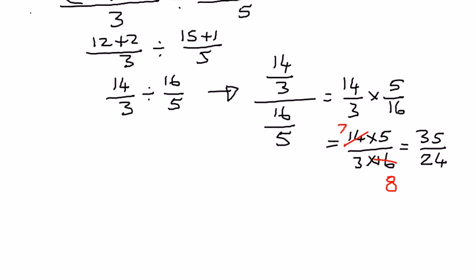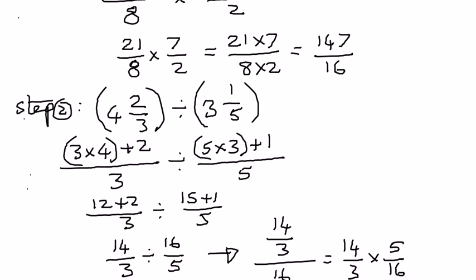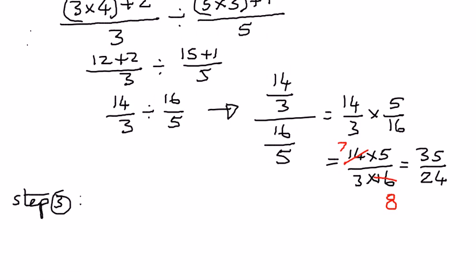So the denominator simplified to 35 over 24. Now we want to put all of this together and simplify this. In step number 3, the numerator was 147 over 16 divided by, the denominator was 35 over 24.